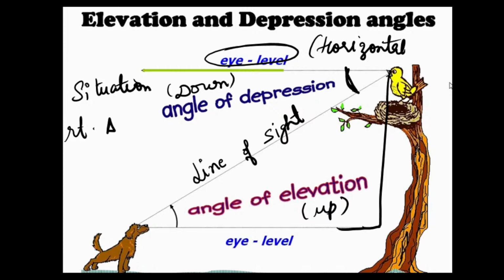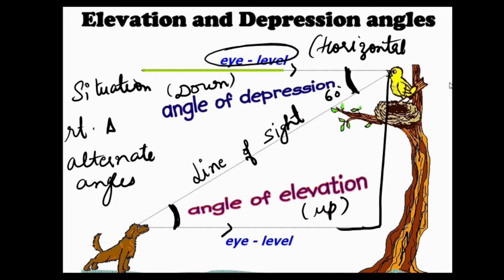Basically both the angles' values will be the same. Here you can see both of the eye levels are parallel to each other. So always remember, angle of elevation and angle of depression make a pair of alternate angles, due to which both of the angles will always be equal.